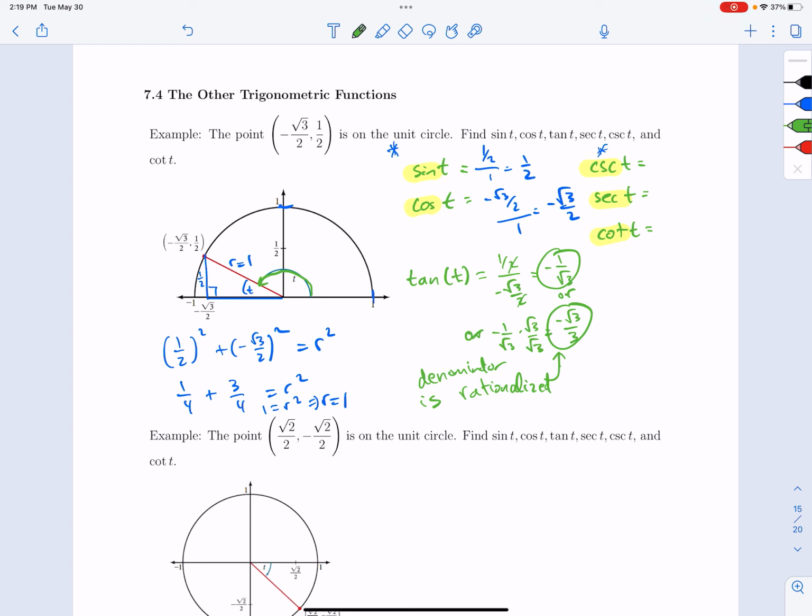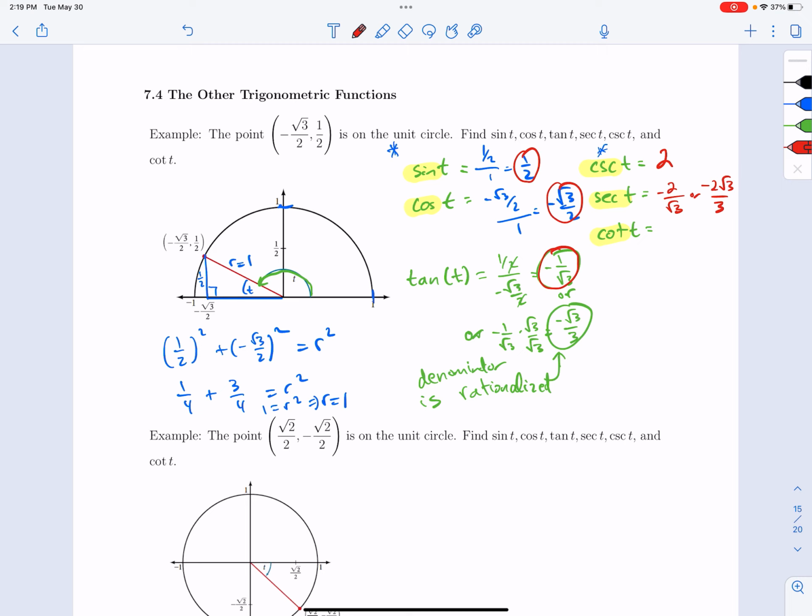Now, to get cosecant, secant, and cotangent, all I do is take the reciprocals of these corresponding values. So cosecant is the reciprocal of sine, so that's 2 over 1, or just 2. Secant is the reciprocal of cosine, so negative 2 over root 3. If I rationalize this, it's negative 2 root 3 over 3.